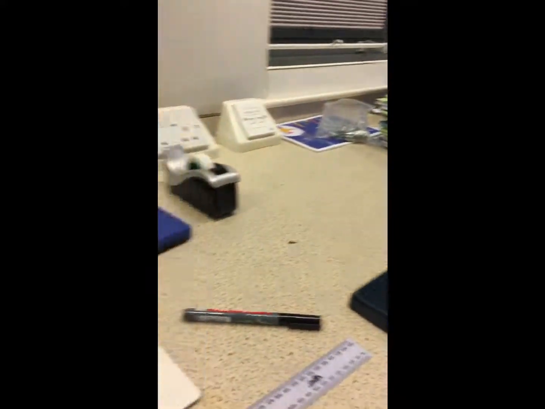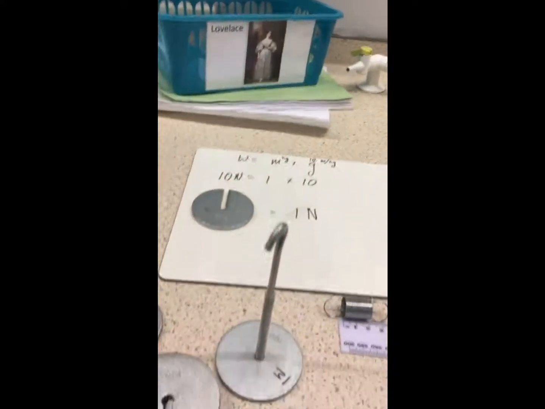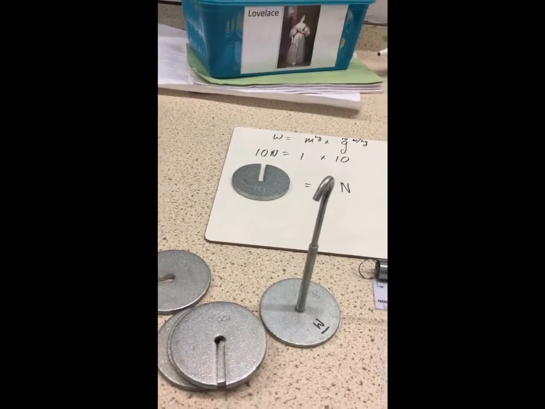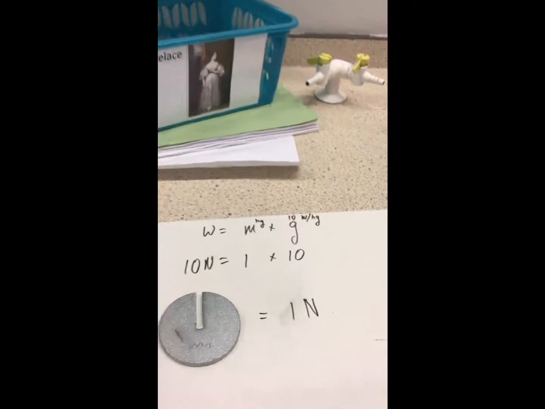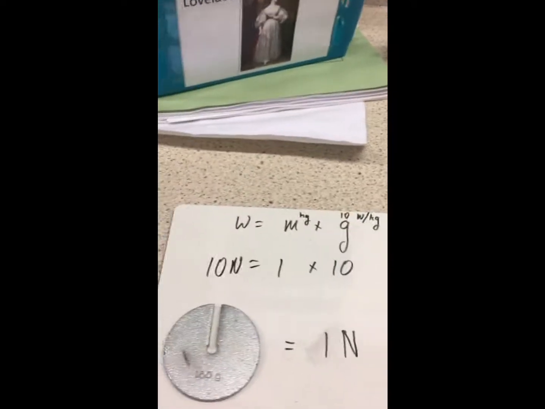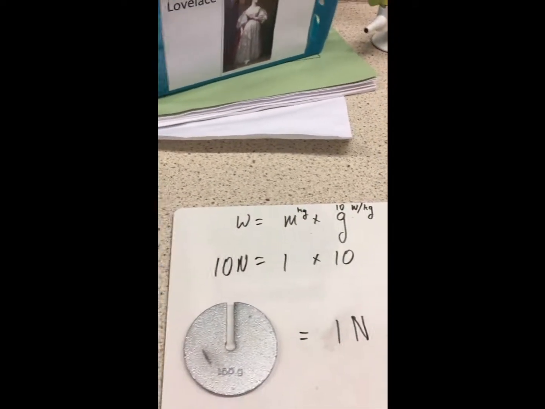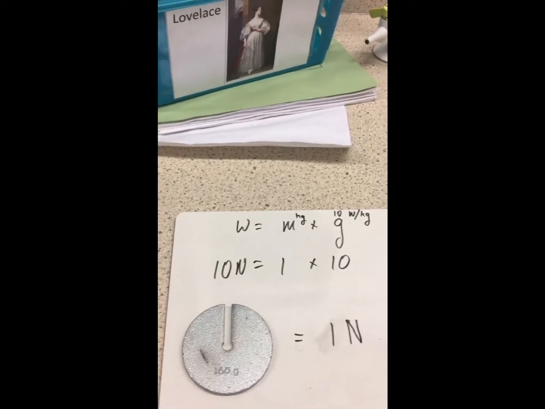Let's just have a look for a second at the other equipment. We've got some more slotted masses to hang on to the spring, and looking at the maths for a second. From previous lessons, you know that the weight equals mass times gravitational field strength here.